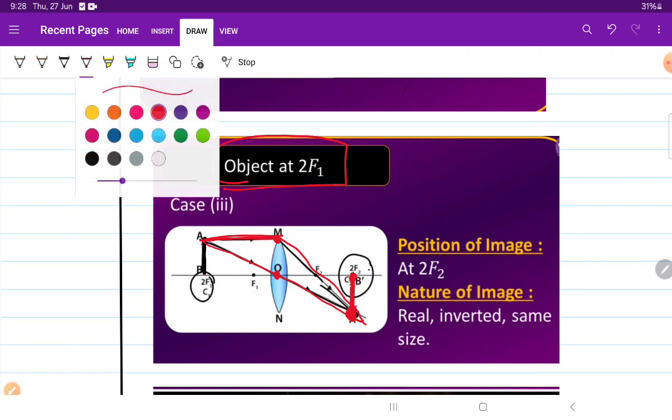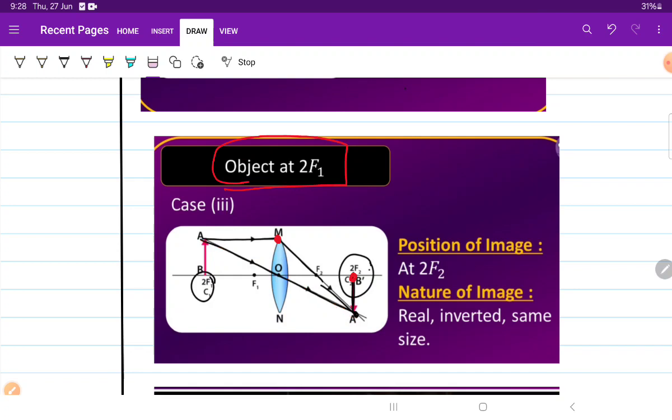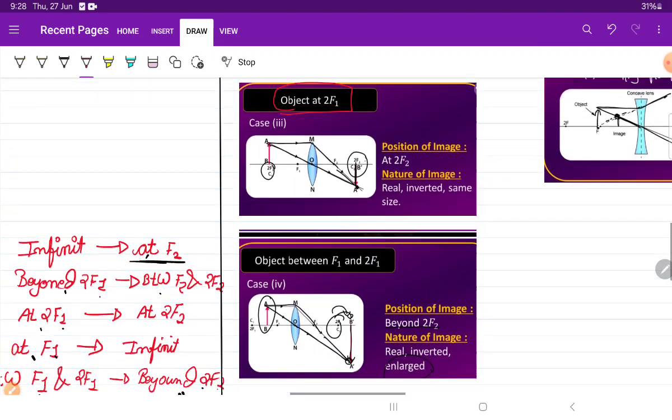Then the intersection of both will be at 2f2. So the position of the image will be at 2f2. Don't be confused, students, between 2f1 and f1.